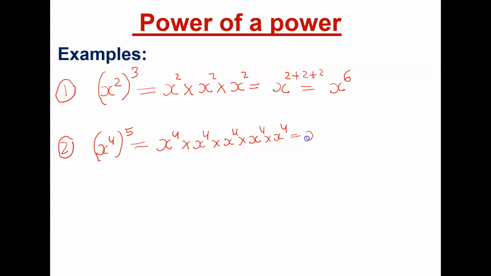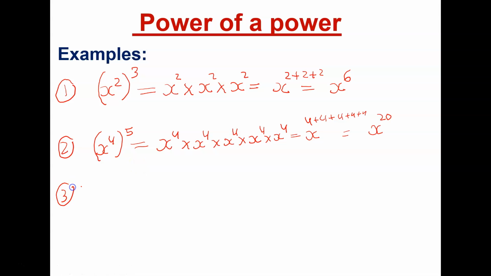And if you apply the multiplication rule, which says you need to add the powers, adding 5 fours together, we get x to the power of 20. Now let's stop there. How are 6, 2 and 3 related, and how are 20, 4 and 5 related? You can easily say 6 comes from 2 times 3, and 20 comes from 4 times 5.